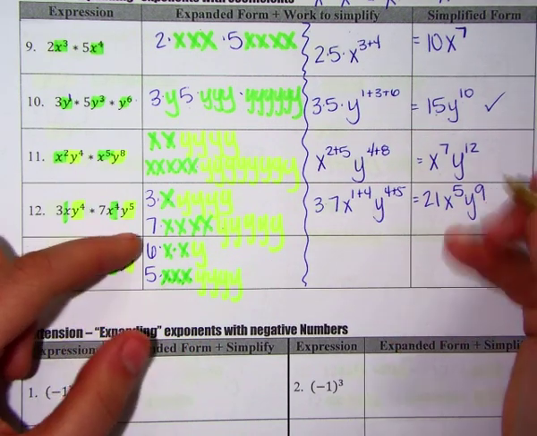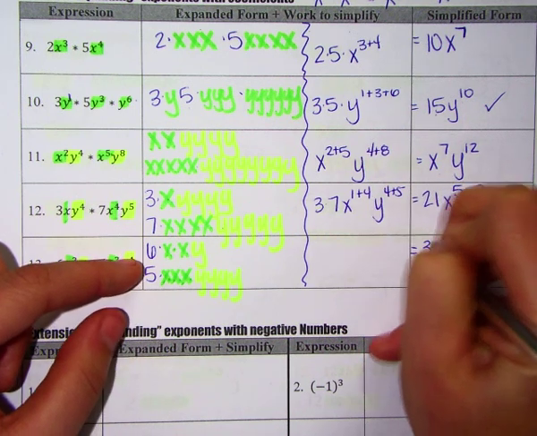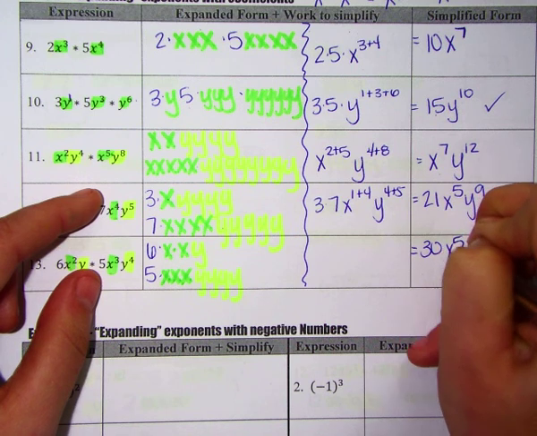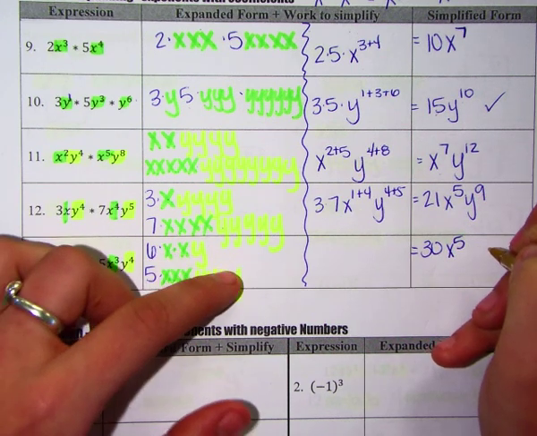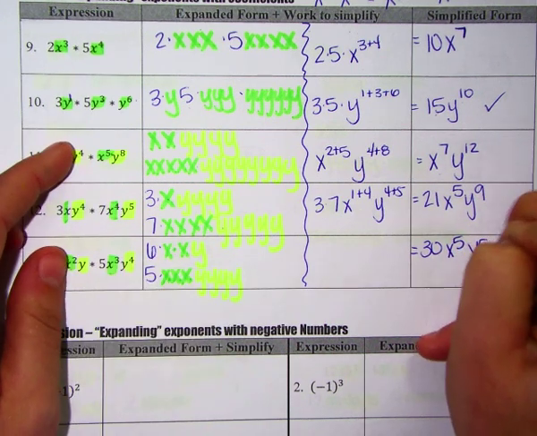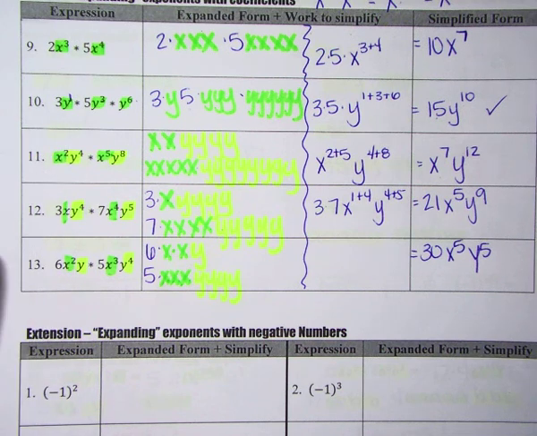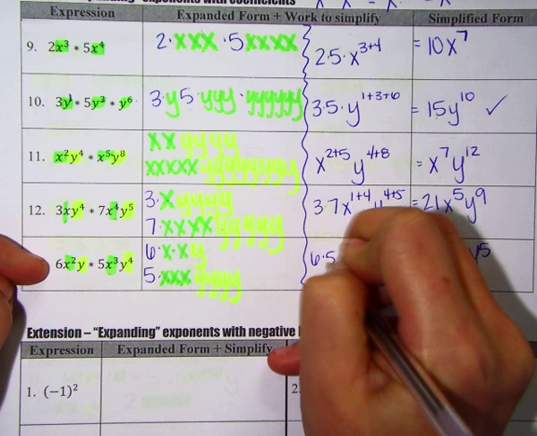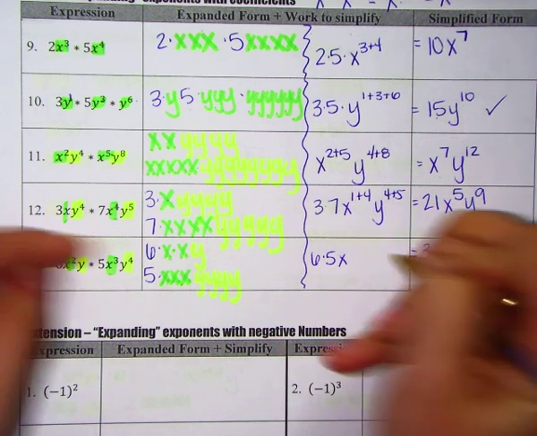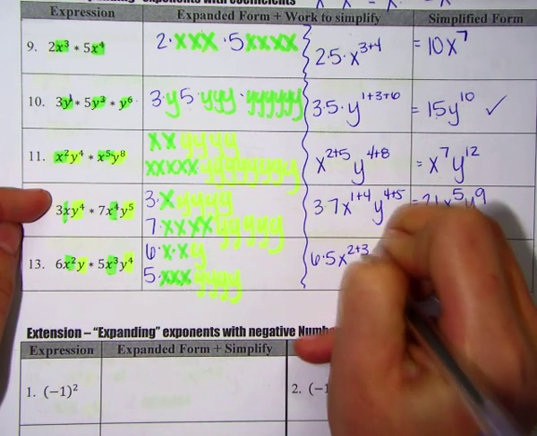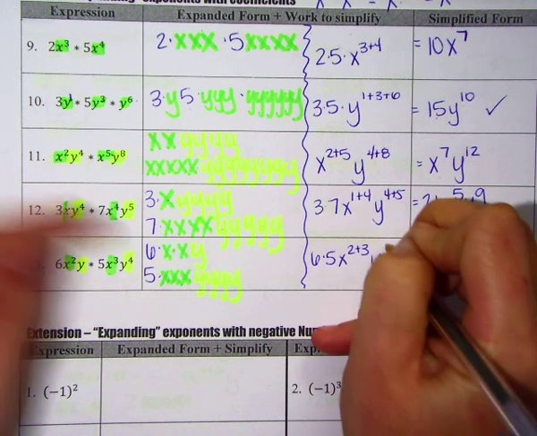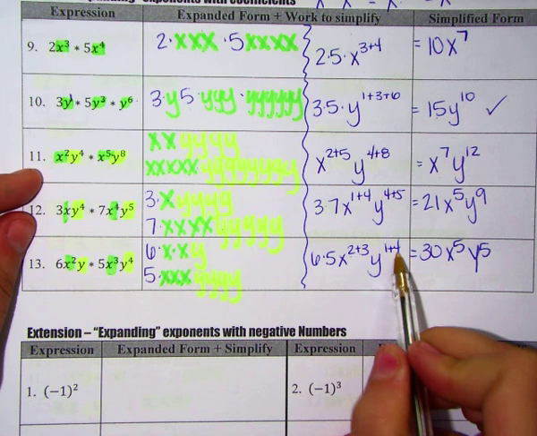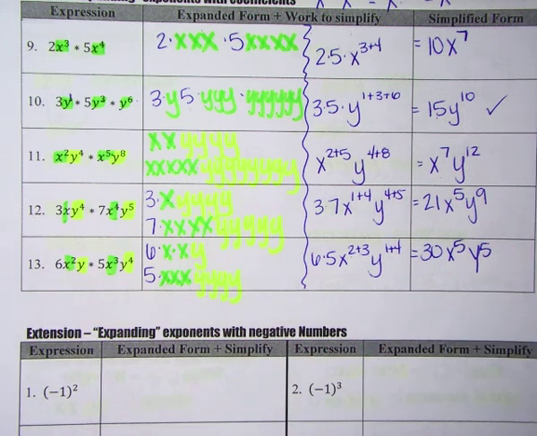So we have 6 times 5, which is 30, 1, 2, 3, 4, 5, x to the 5th power, 1, 2, 3, 4, 5, y to the 5th power. Let's double check that using the algorithm. 6 times 5, and then x to the 2 plus 3 power, y to the 1 plus 4 power. 2 plus 3 is 5, 1 plus 4 is also 5. Okay?